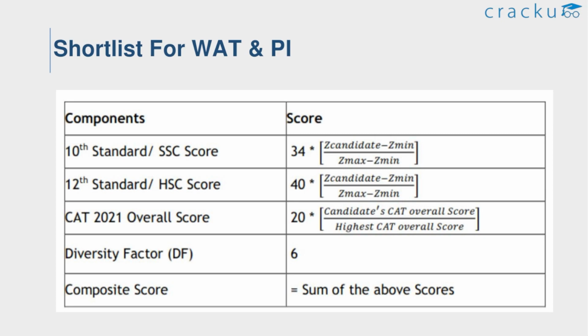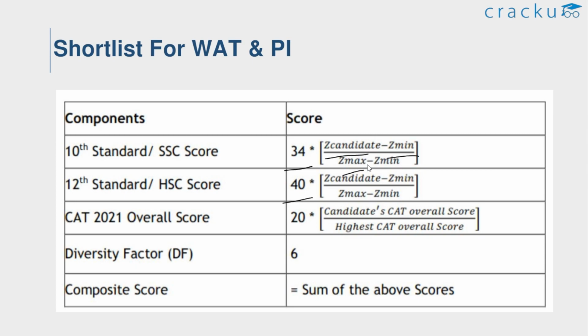A sufficient number of candidates for written ability test and personal interview for each category will be shortlisted using the merit list generated based on composite score as mentioned in this table. As you can see, the weightage given for the 10th standard is 34% and for the 12th standard is 40%. Please note that Z candidate, Z minimum, Z maximum for 10th standard and 12th standard scores are computed using the normalization process.